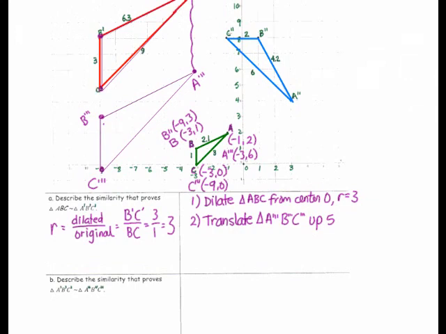In this problem, we've got our primes, so that is our red triangle right here, and we are going to dilate and use a sequence of rigid motions to map that triangle onto our blue triangle. So we're going to be going to this triangle next.